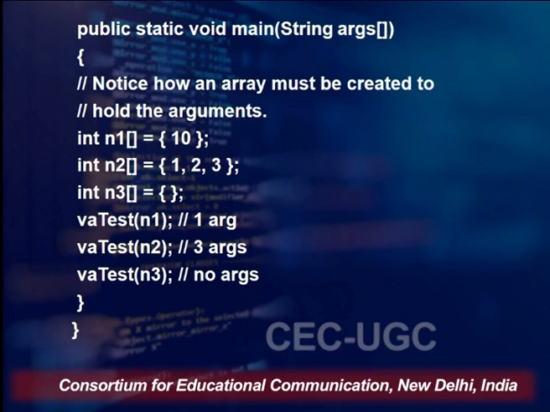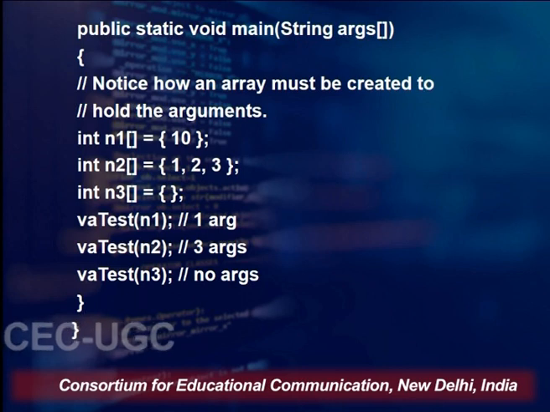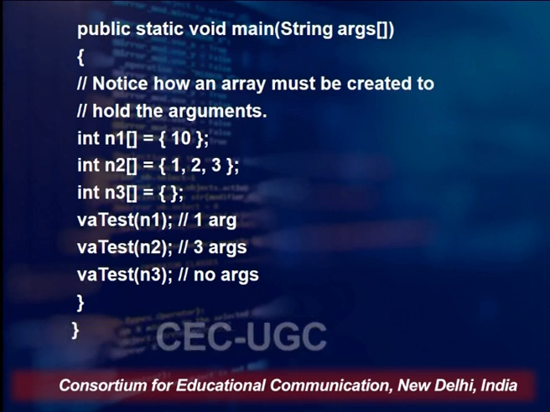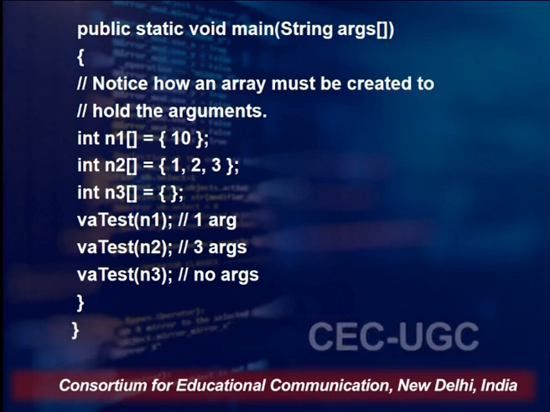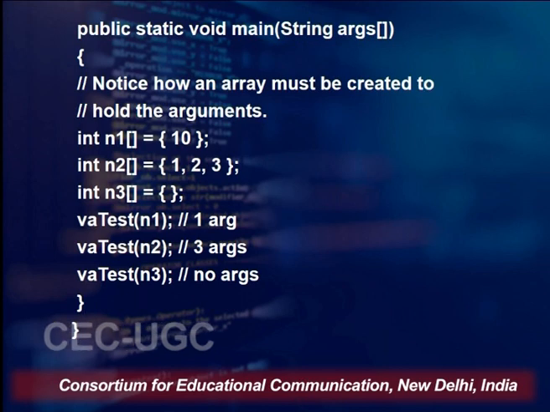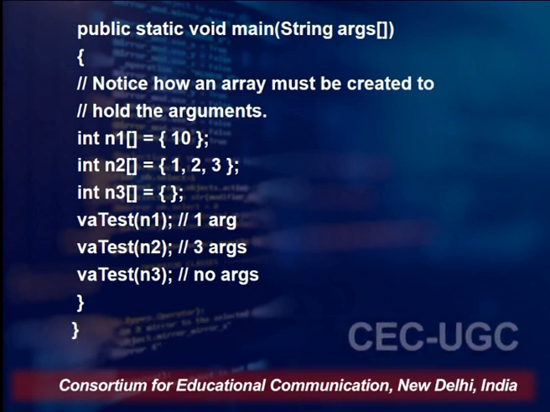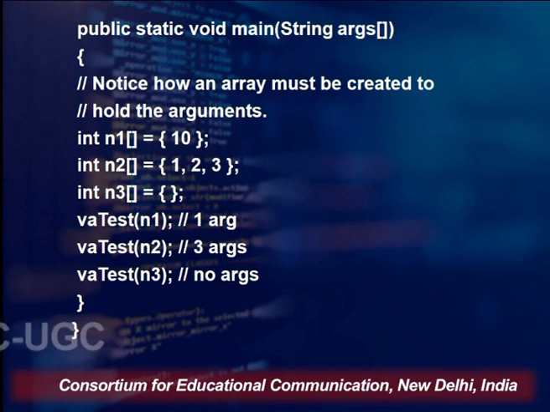While calling varTest, in the first call we pass n1, in the second call we pass n2, so we are passing 3 elements, and in the next call we pass n3. Please remember that it is a static method.